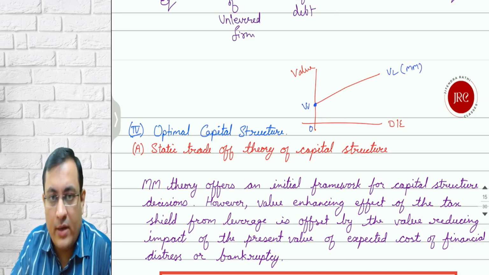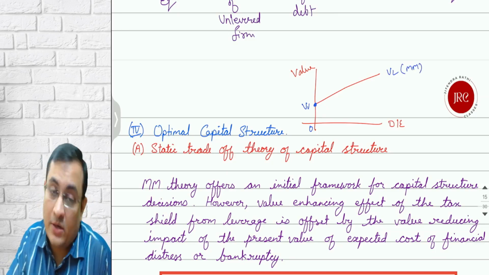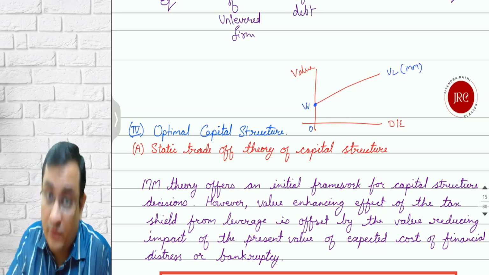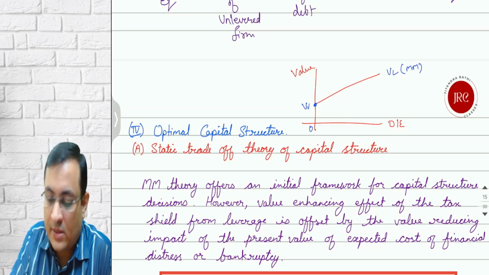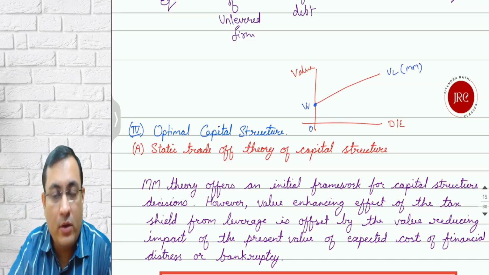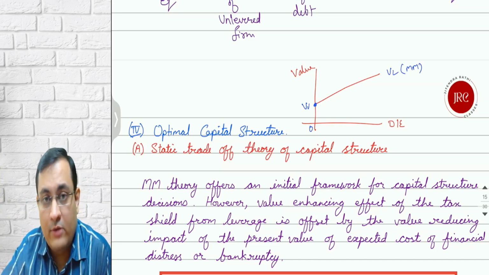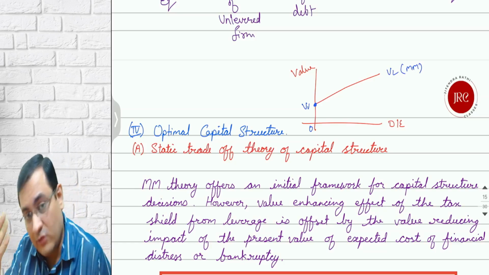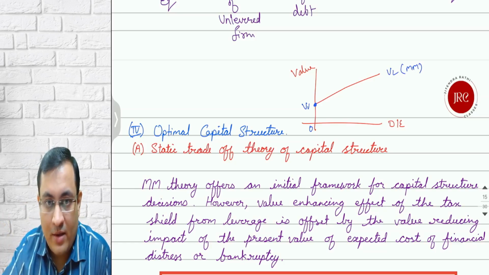Initially VU is okay. As you increase debt in the capital structure, with taxes, VL is going up. Without taxes, VU and VL are always the same. The value of levered and unlevered firms are equal in the without-taxes approach.